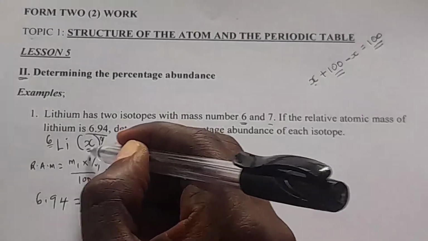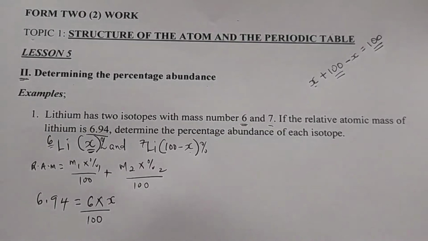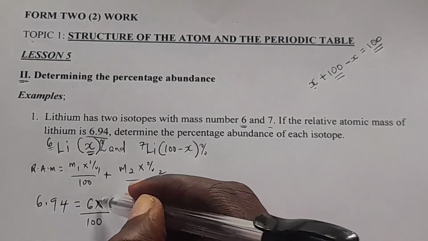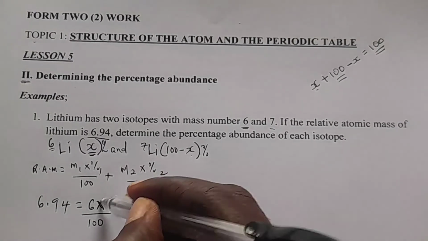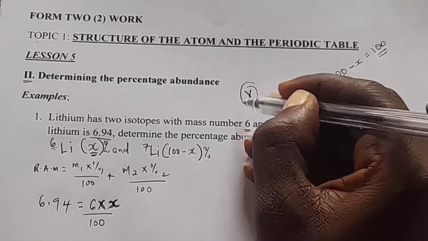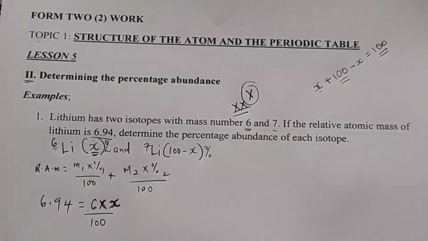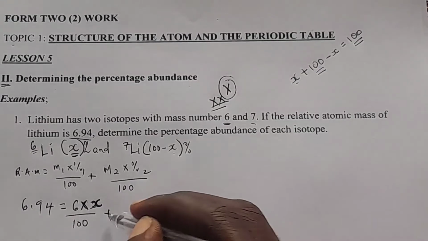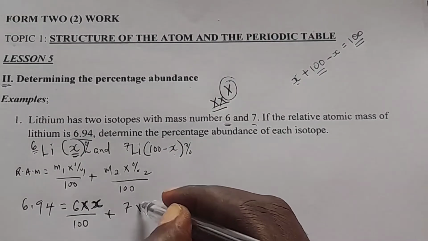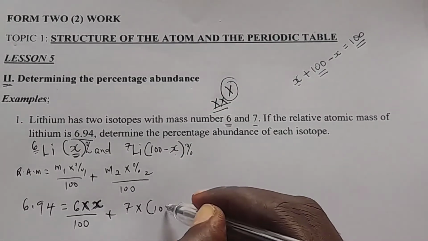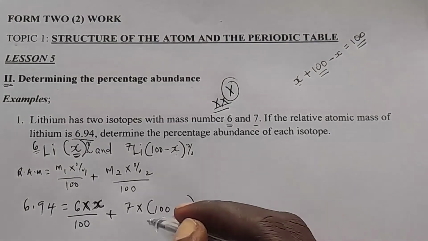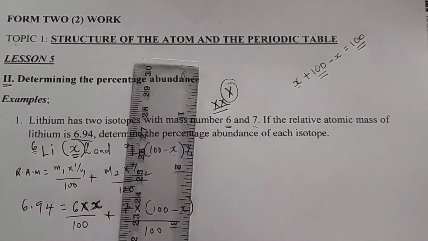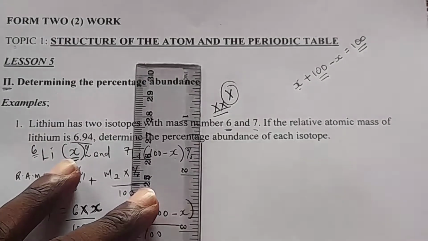Kindly, if you are using X as your let, make sure it will be in a small letter, because this is multiplication. If you put another X like this, you are having two X's. We will not differentiate which one is multiplication and which one is X. So we say plus mass number 2, which is 7, multiplied by, open bracket, 100 minus X, close bracket, divided by 100.